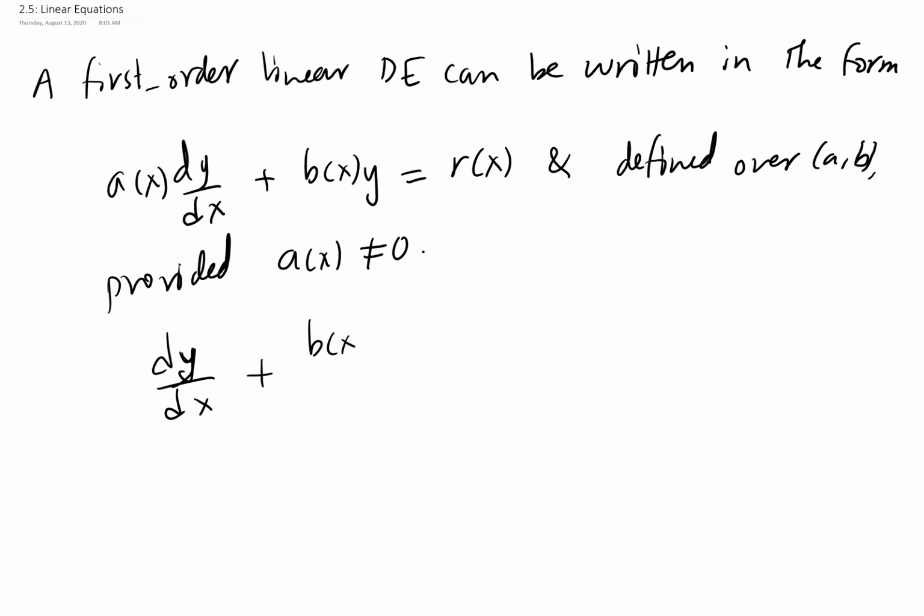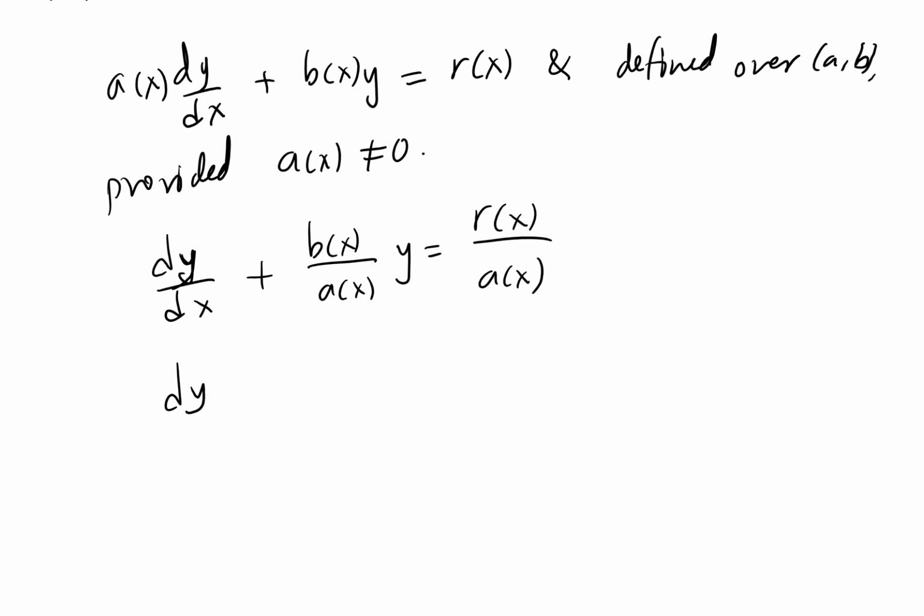So plus b of x over a of x y equals r of x over a of x. We may rewrite this as dy dx plus p of x y equals q of x, or f of x, whatever you like. And this is called the standard form.